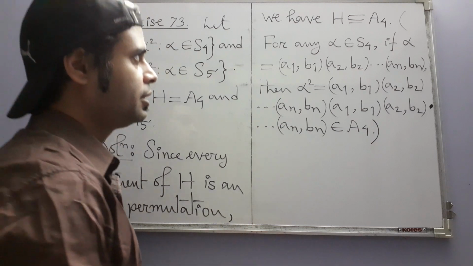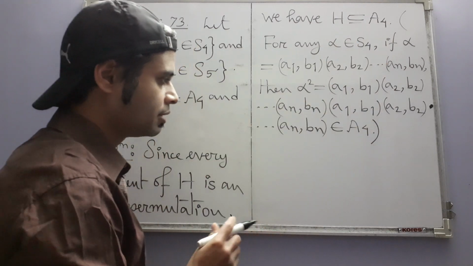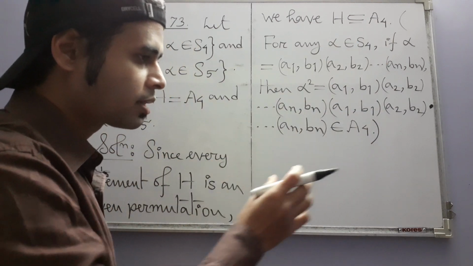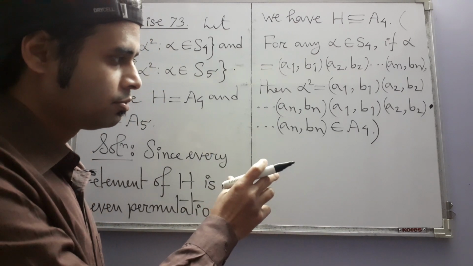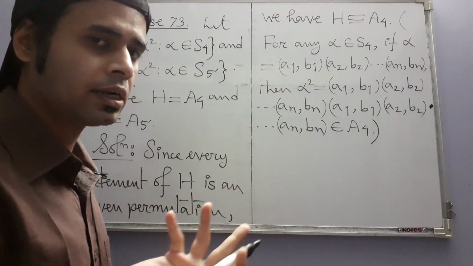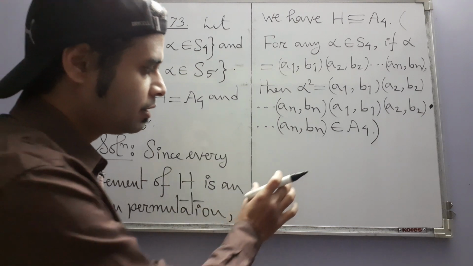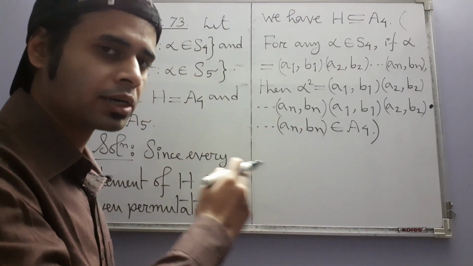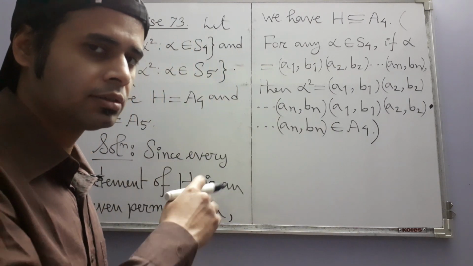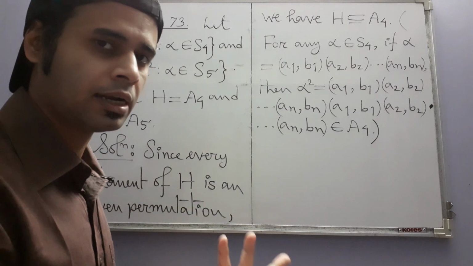For example, in A4 there are some elements which are products of two disjoint two cycles. So it's enough to consider any one of them, or in fact we need not consider a concrete such element, say (1 2)(3 4), but a general one, say (a b)(c d).